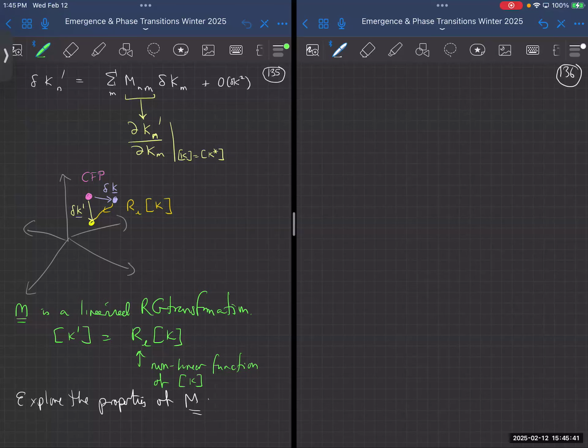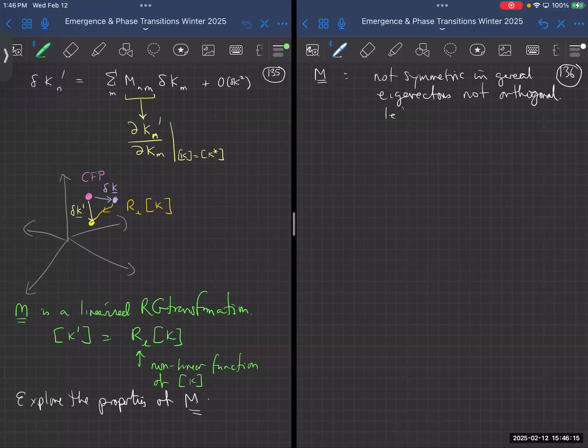Okay, so first thing about M is it's not symmetric. There's no reason why it should be in general. So that means that its eigenvectors are not orthogonal. And it means that I have different eigenvectors depending upon whether the vector is to the left or to the right of the matrix.